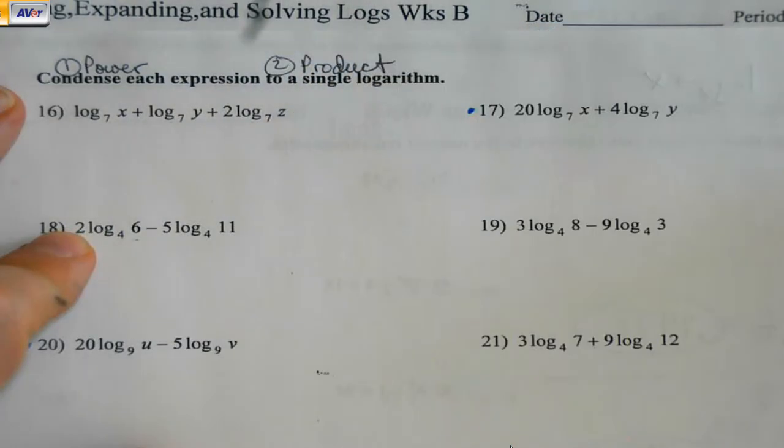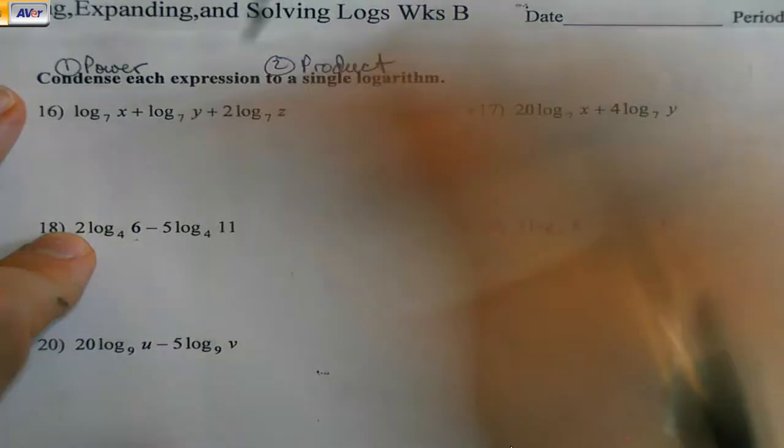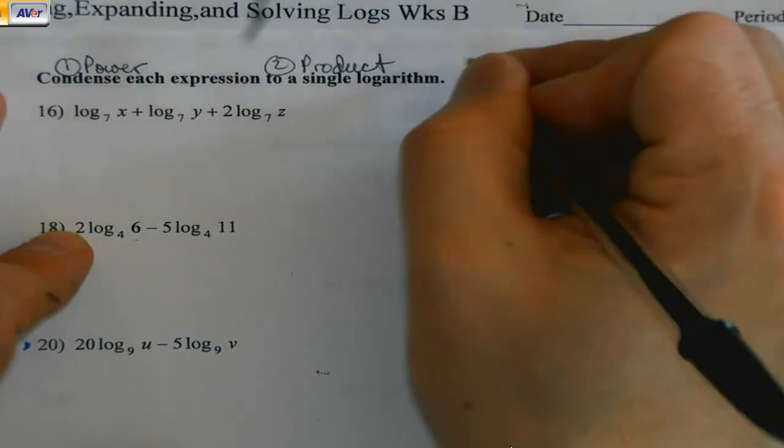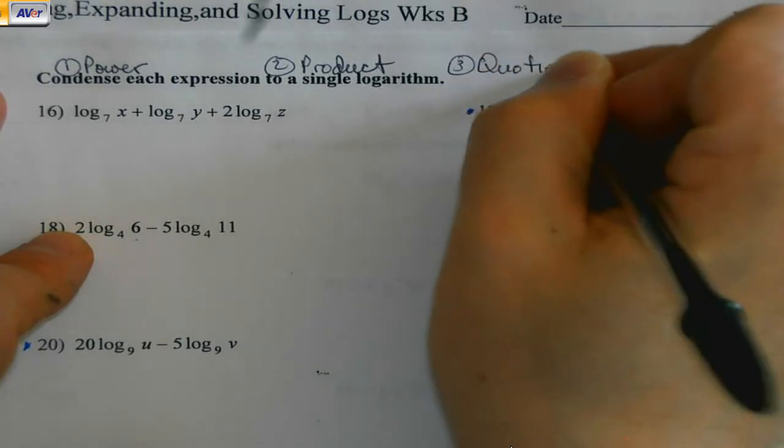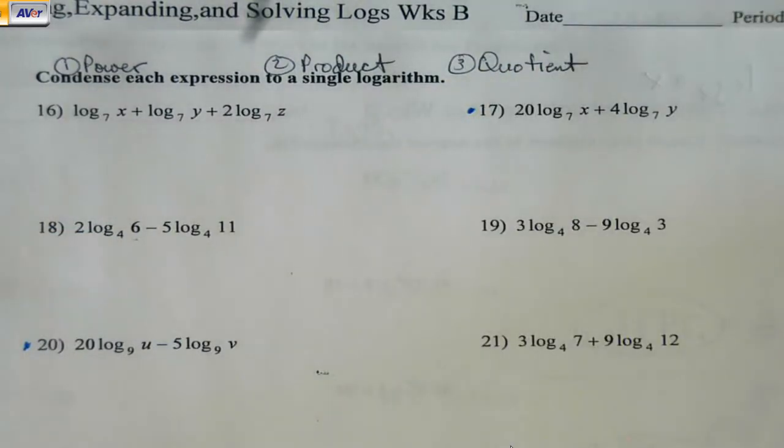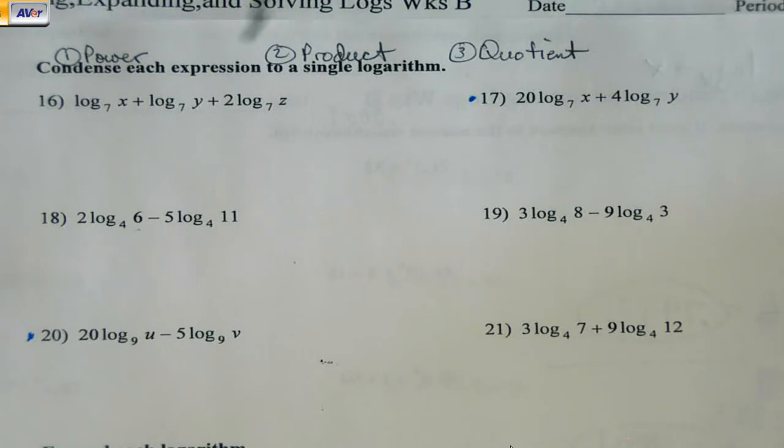We do product second. I'm looking to make sure I didn't flip these around. Nope, I didn't. Okay, we do quotient here.